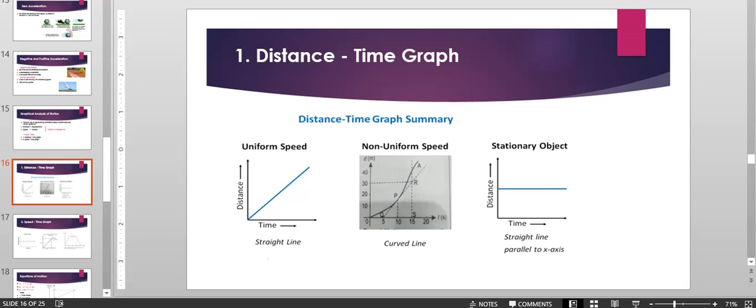The next graph is of non-uniform speed or a variable speed of an object. That is, when an object does not cover equal distance in equal intervals of time, then its speed is not constant. The slope of the curve at any point can be found from the slope of the tangent at that point.